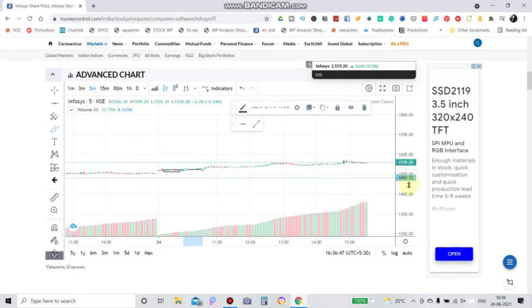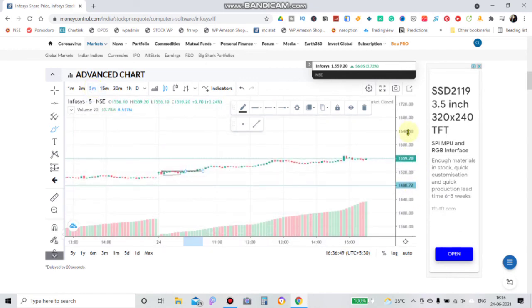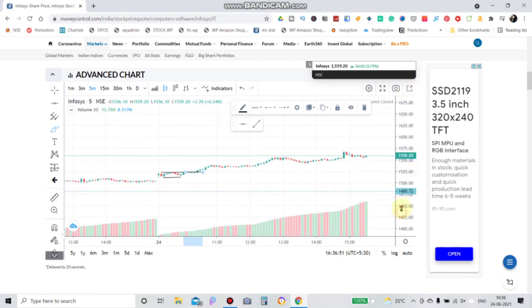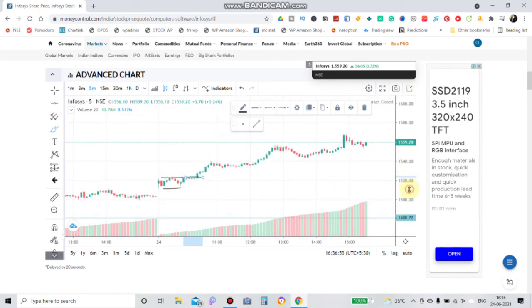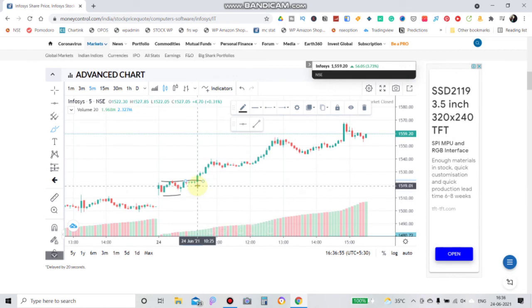The next thing is you should also see the candle which was formed during the breakout. This candle is a complete bullish candle with a little wick on the upper side, but that's okay.